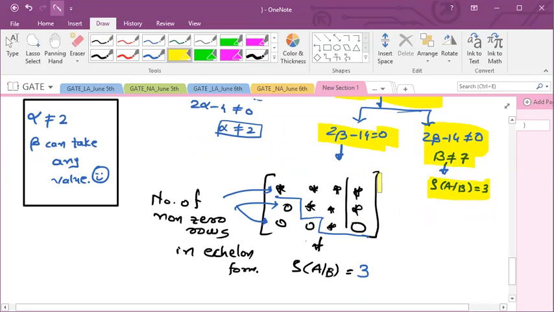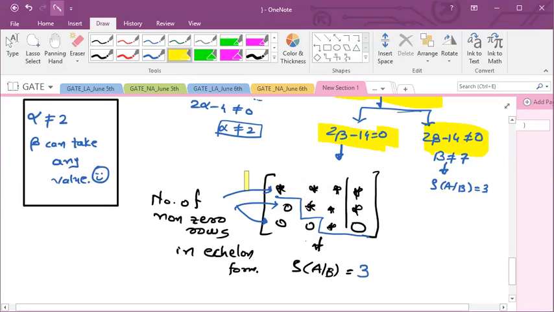This value is not equal to 0. But suppose beta equals 7 and this value is 0, so our 2 beta minus 14 is 0. Isn't it a row echelon form? What is the condition for row echelon form? All zero rows should be at the bottom. Here there are no zero rows.